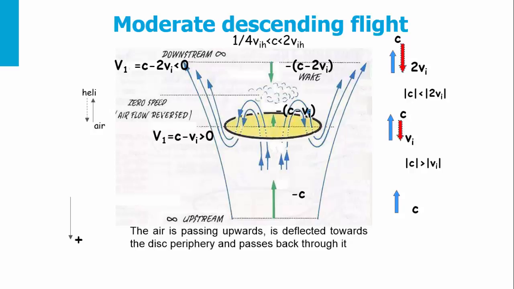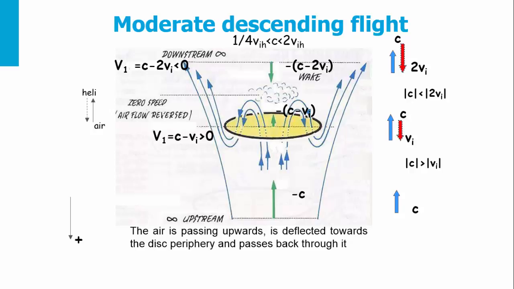At the level of the rotor, we have the velocity of descent c and the induced velocity vi. Because the rate of descent is between 1/4 of the induced velocity in hover and twice the induced velocity in hover, it follows that at the level of the rotor the total velocity is directed upwards.